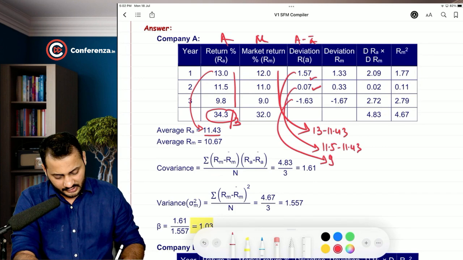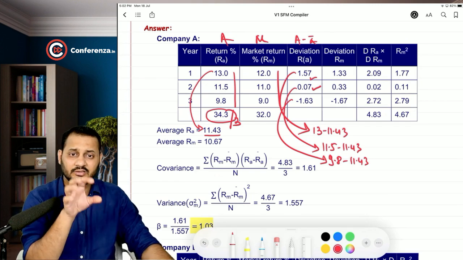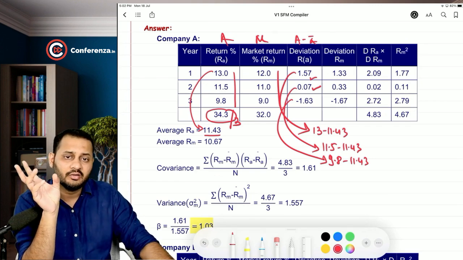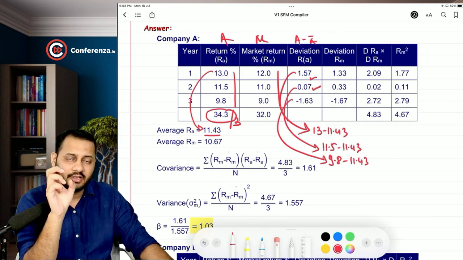And 9.8 minus 11.43. This is how it has been calculated. This is just the deviation of the stock A.